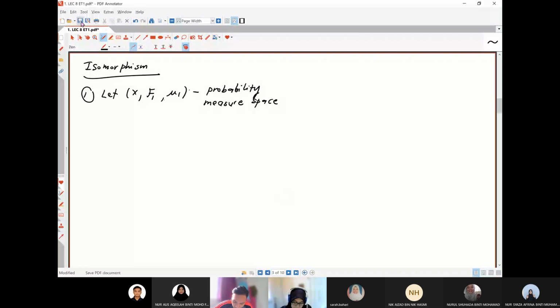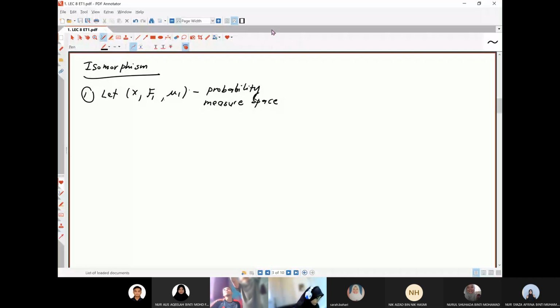Okay, now isomorphism. So the first thing that you need to have is two transformations. So let's define these two transformations. The first transformation is defined by this one. Okay, so we let X, F1, sigma algebra 1 and mu1 be the probability measure space.